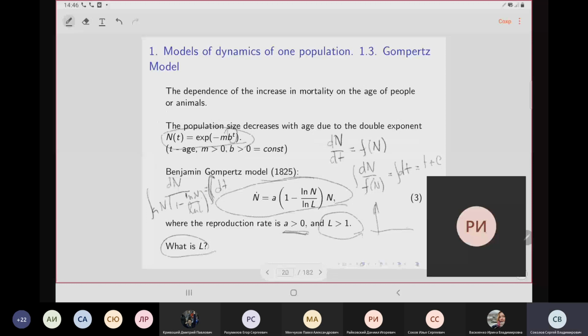Here will be n, and here will be n dot. If we draw a picture, we'll see that if the population exceeds L, it is negative. The picture will be like this.